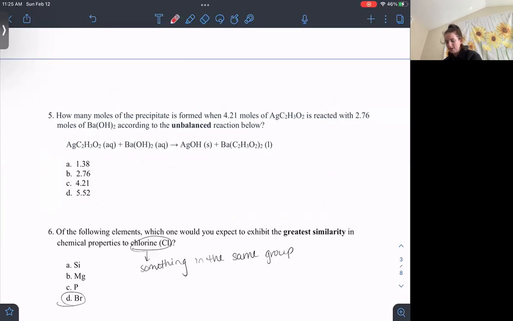So for number 5, this is a limiting reactant question. So that's a good question, Sam. A limiting reactant is going to be, what do I say, like the slow point, or what determines how much product can be formed.